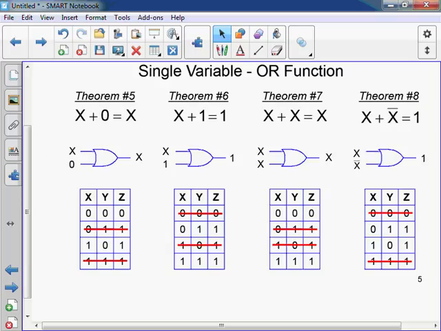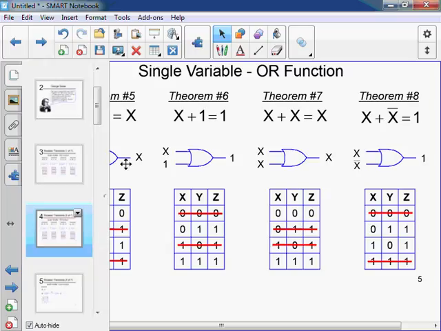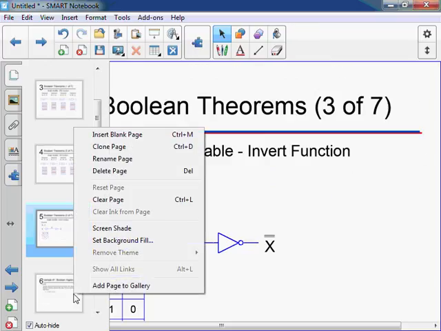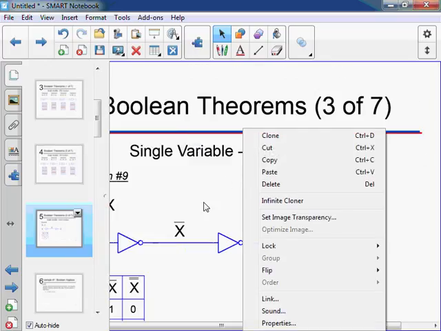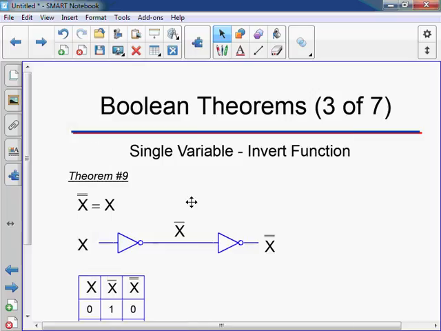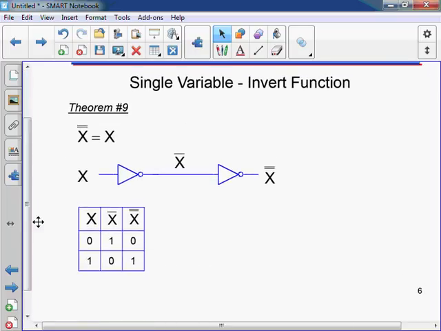All right. So next one would be the rules that we would get out of the inverter. And we only have one rule over there. And the rule is very, very simple.